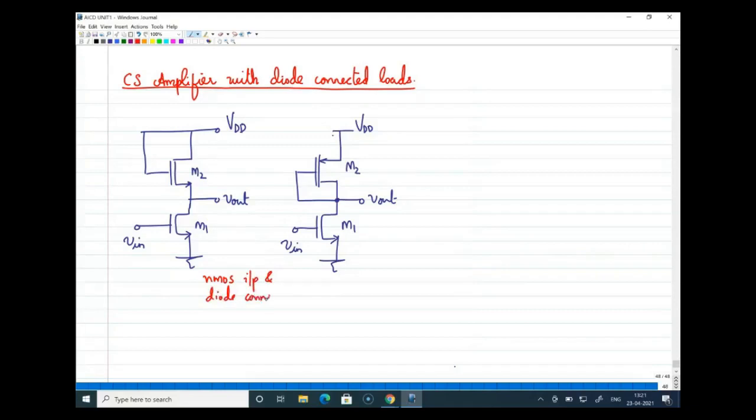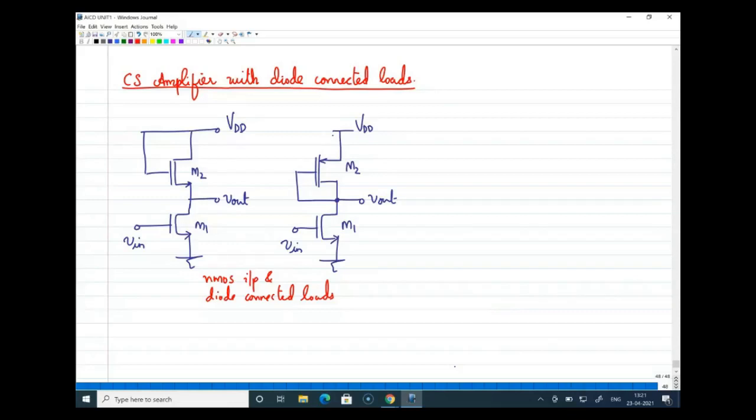So now my question to you guys is, can you draw the circuit of CS amplifier with PMOS as input and these two variants of load? The input device should be PMOS, and the load device in one should be NMOS, and in the other it should be PMOS. Both are diode connected. Can you try that circuit diagram?